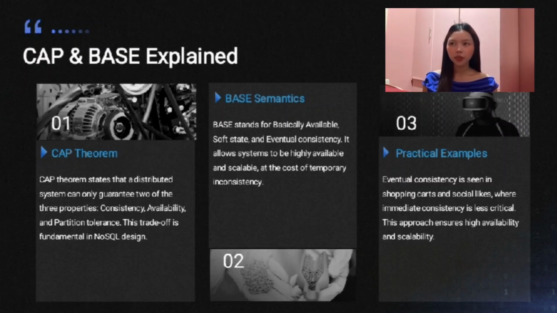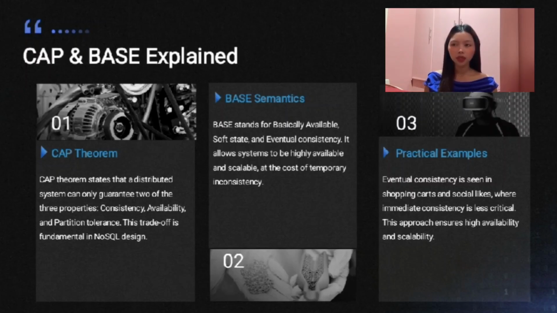Third is practical examples. Eventual consistency is seen in shopping carts and social likes, where immediate consistency is less critical. This approach ensures high availability and scalability.